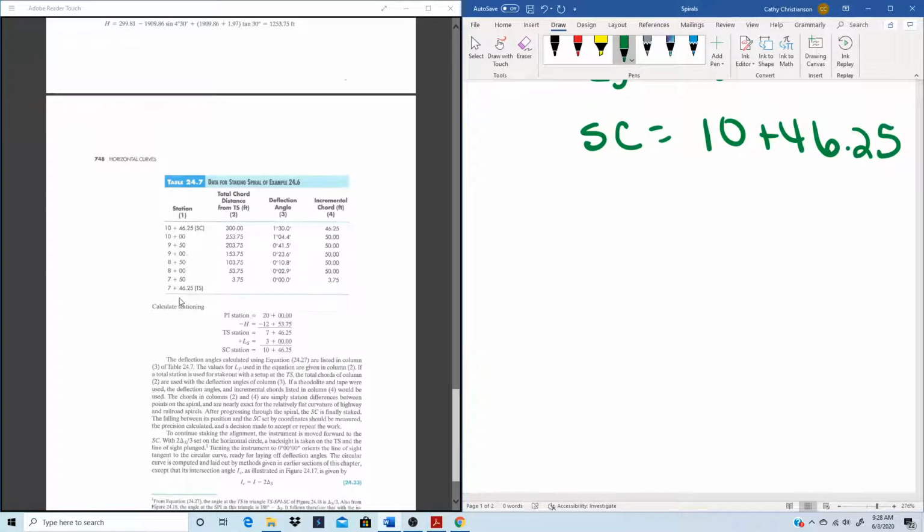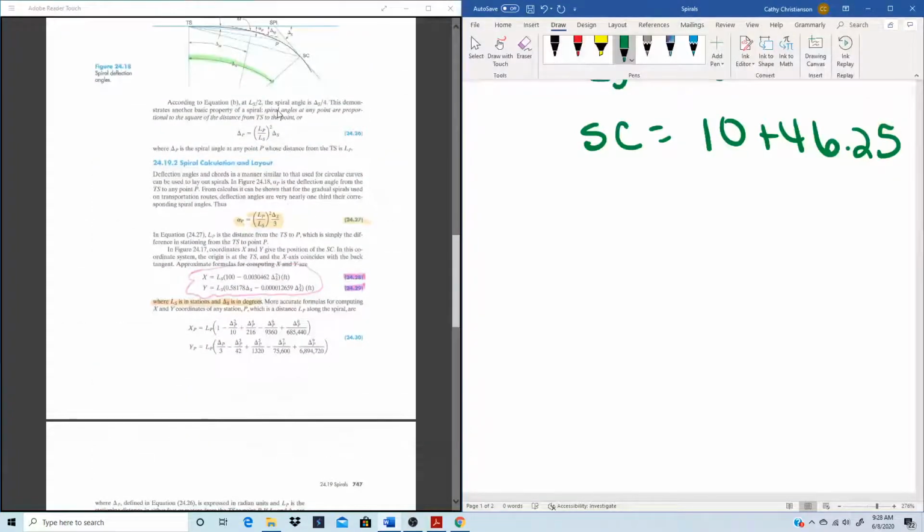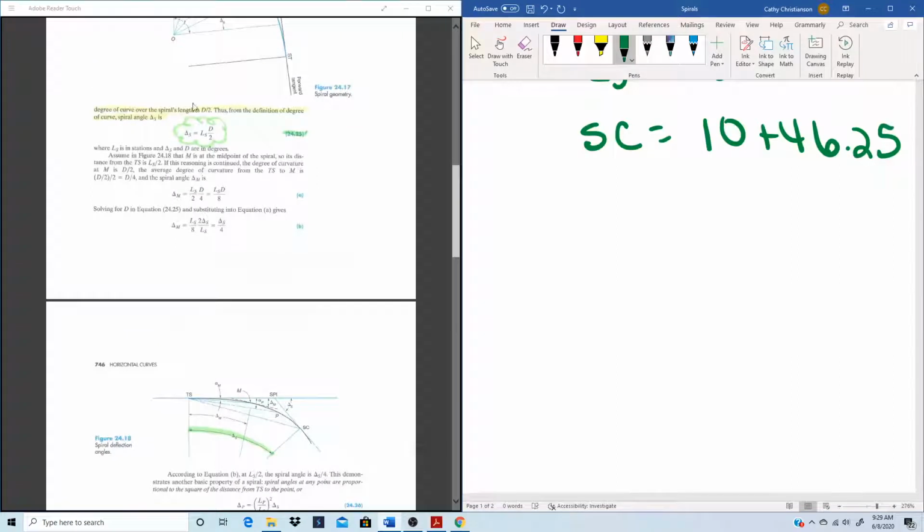So this is a 300-foot spiral. And we want to set up a chart just like this. So this time our LS is the distance between the station you're at minus the TS. So it's not between each other, it's going to be the distance from the TS, because we're going to use that in the formula to get, we're going to come back up and work this formula right here.